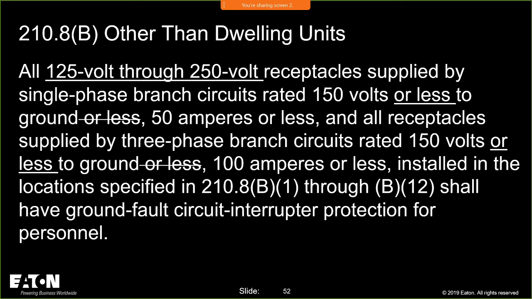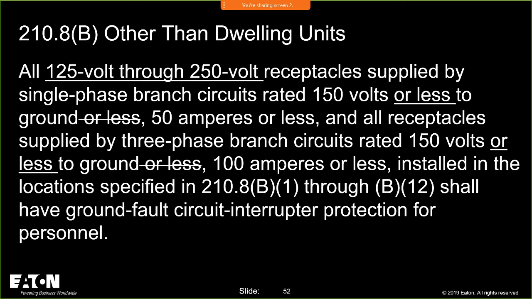That drove a correlation issue between 210.8(B) and chapters 5, 6, and 7, because they've always been in sync. It was 15 and 20 amp receptacles. Now, all of a sudden, I'm going above 15 and 20 amp receptacles. That created a collision.